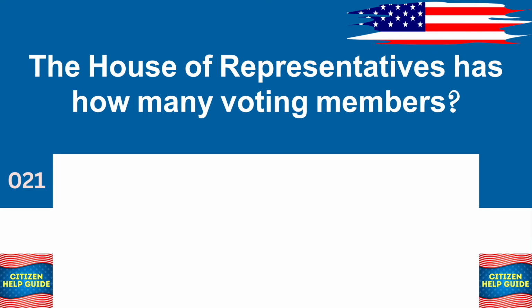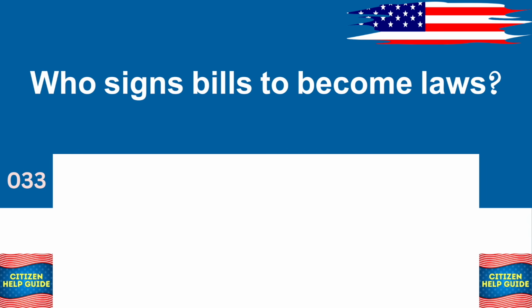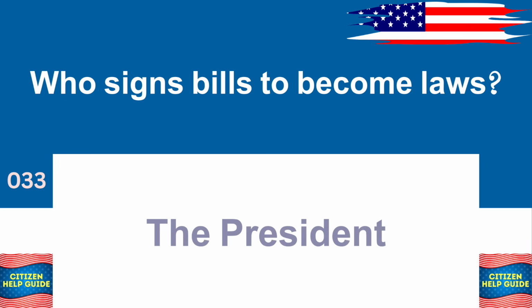The House of Representatives has how many voting members? 435. Who signs bills to become laws? The President.